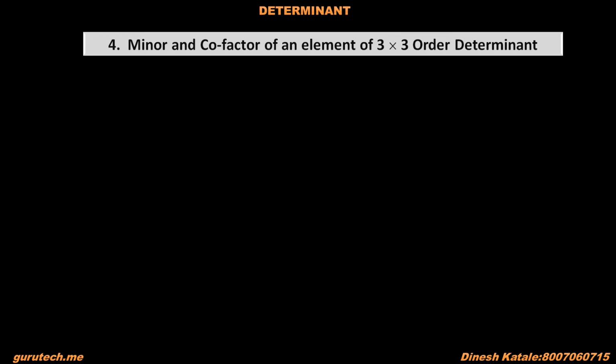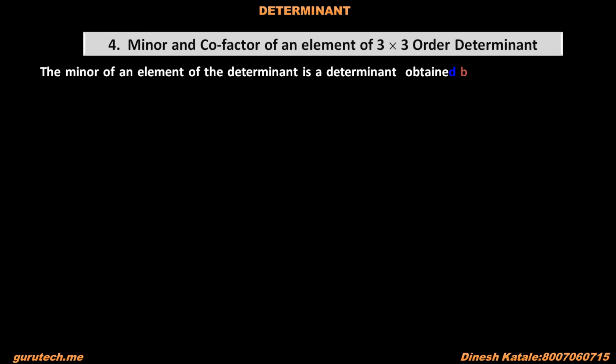Now we have to learn about minor and cofactor of an element of third order determinant. The minor of an element of the determinant is a determinant obtained by deleting the row and column of that same element.